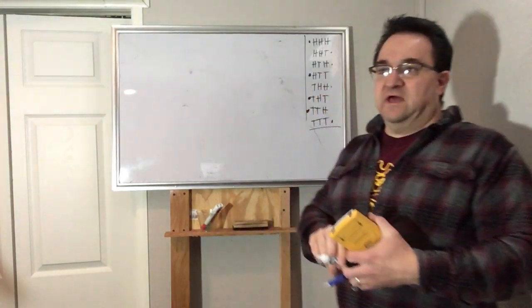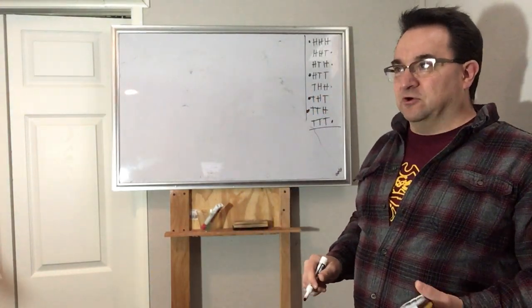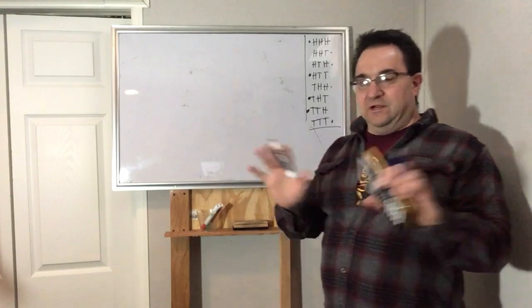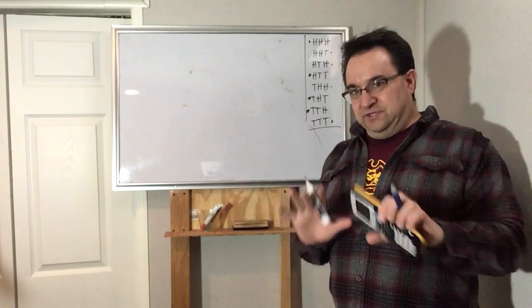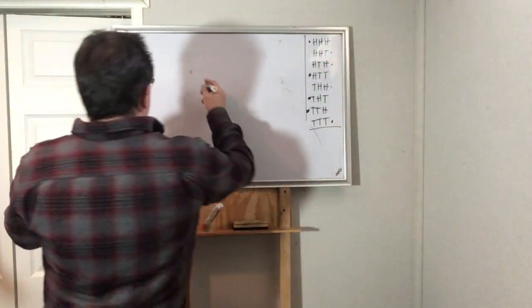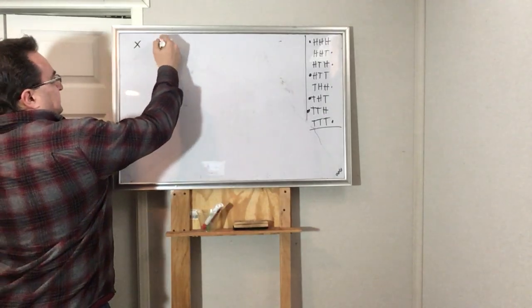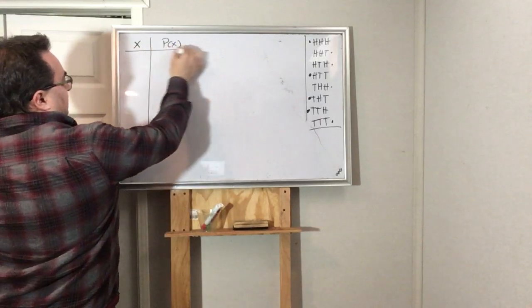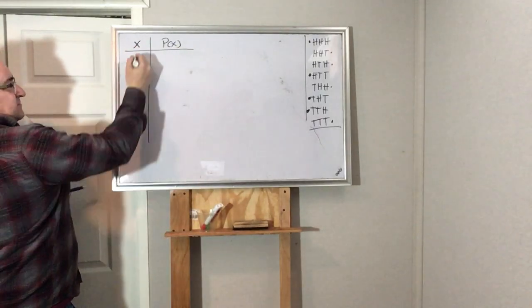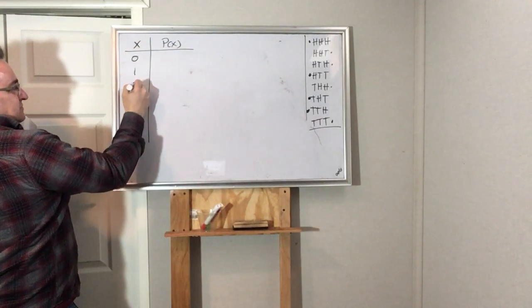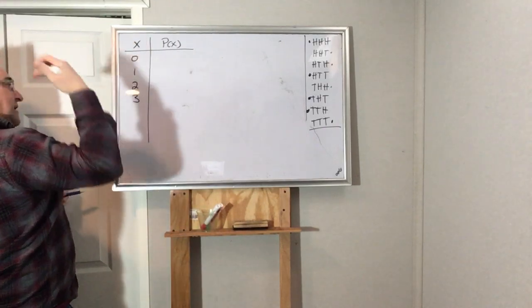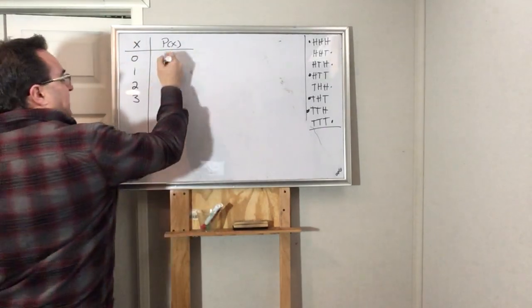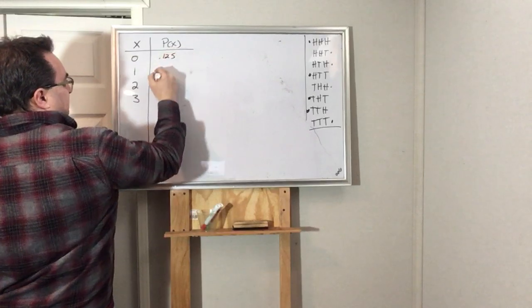So one of the things I'm going to want you to do is make a table, and right out of the gate, I'm going to make a full table. So far, this is what our table would look like. So here's where I list all the possible outcomes. I could get no heads, one head, two heads, three heads. And this is the probability, and I'm just going to put them in decimal.